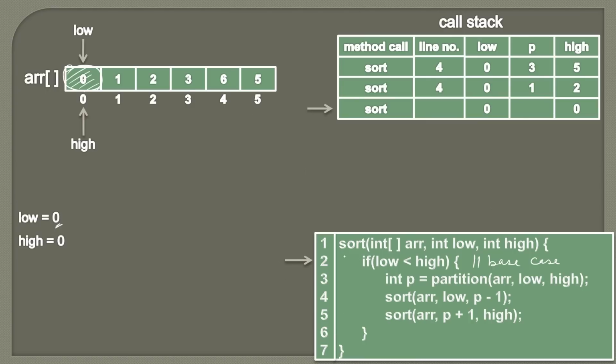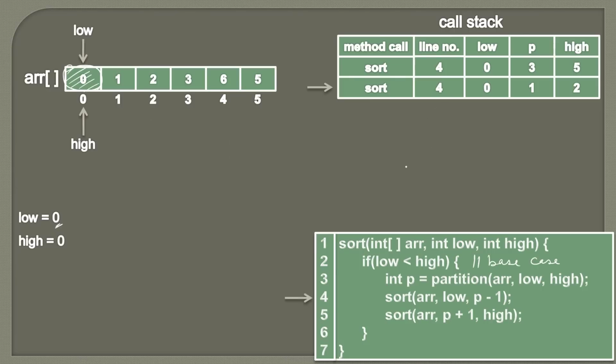So this sort method will end and this sort method will be removed from the call stack and the execution point will reach here back. So it looks like this. This method was removed from the call stack and execution point reached here. We know that we left this sort method at line number 4. So we start from line number 4.